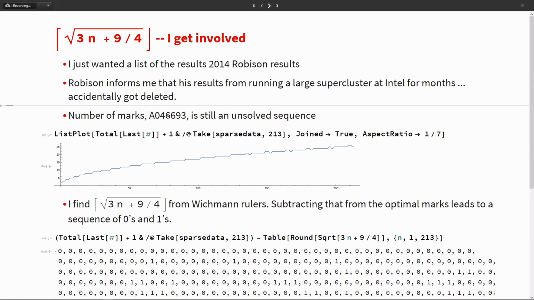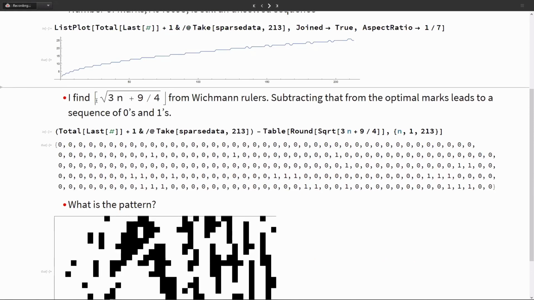And the number of marks, this is what it looks like up to 214. It starts to wiggle at 130, and no one knew what was going on here with this sequence. I was able to use Wickman rulers to reverse engineer this as a formula.